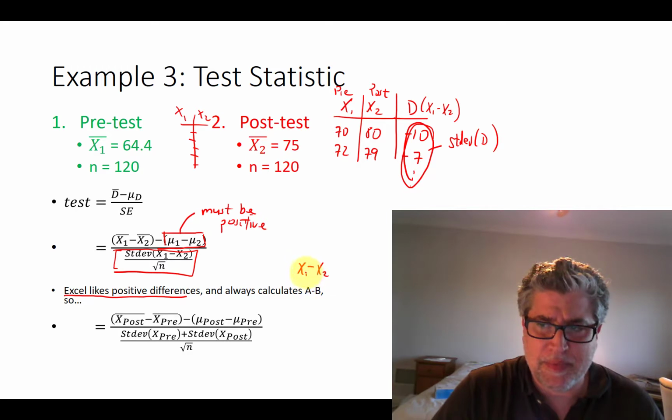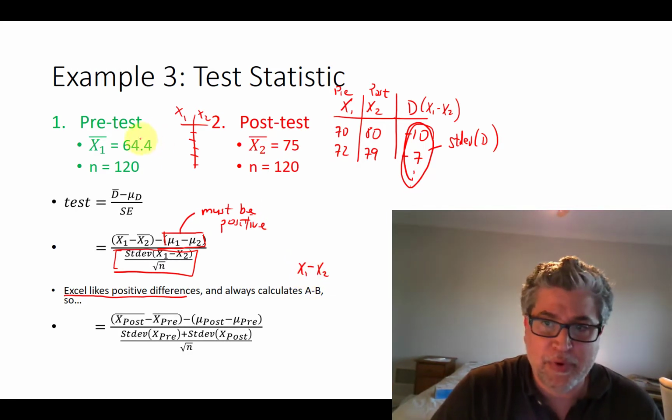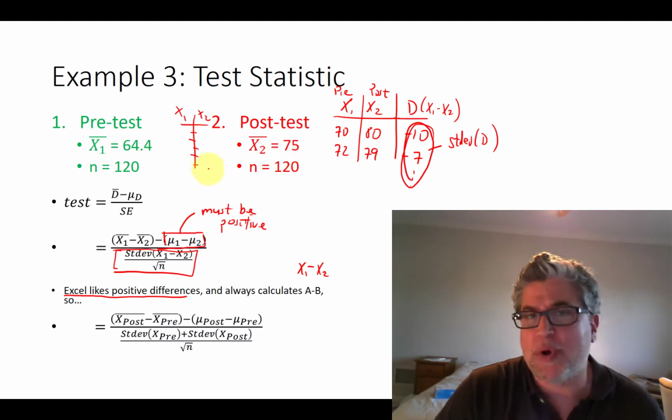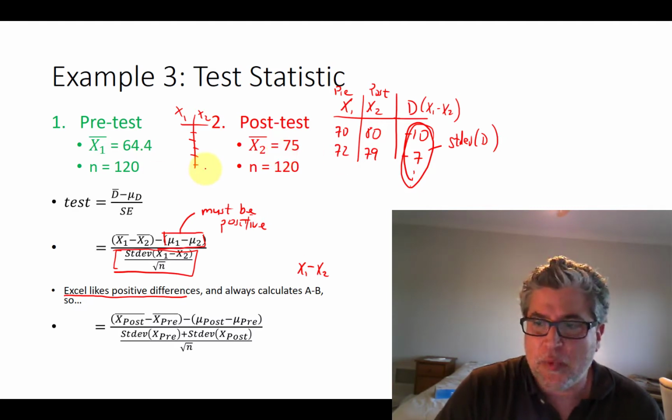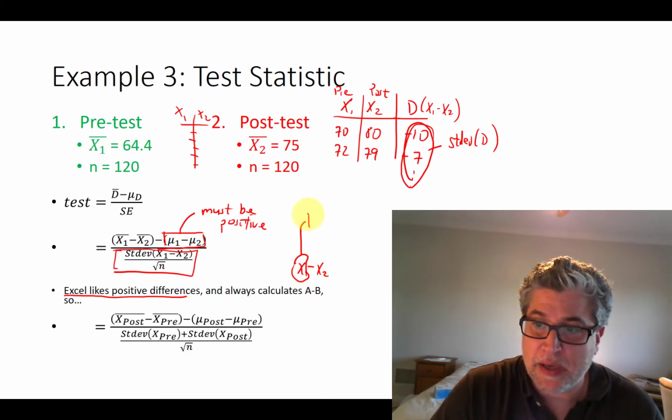And that might actually give you the negative number, right? If we're doing pre minus post, you've got a smaller number minus a bigger number. So if we could do this whole problem in Excel, we're just going to have to let what we call x1 be our post variable.